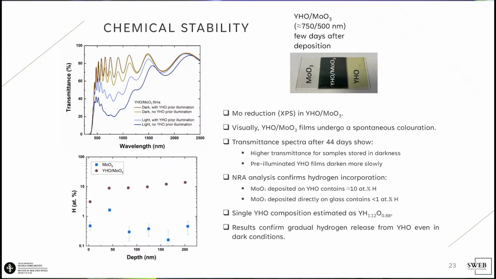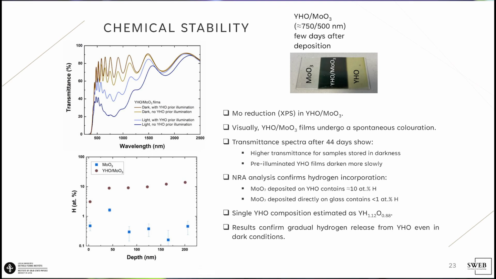So we produced 4 new samples. We kept 2 of them in the darkness for around 50 days and 2 in ambient conditions. And again, we did one with pre-illumination of yttrium oxide hydride and one without. And we see that if we don't use this pre-illumination and we keep it in ambient lighting conditions, it darkens by itself quite a lot.